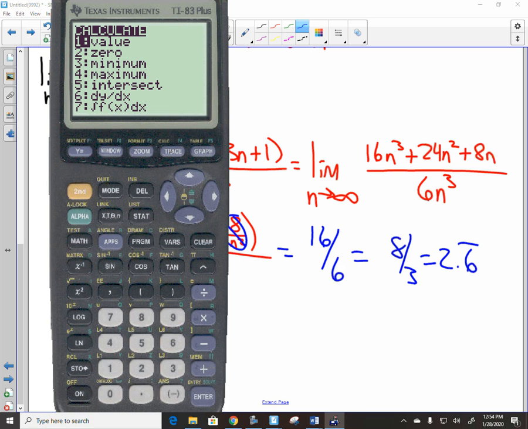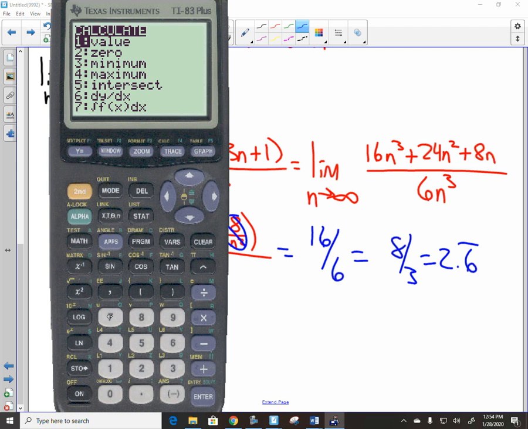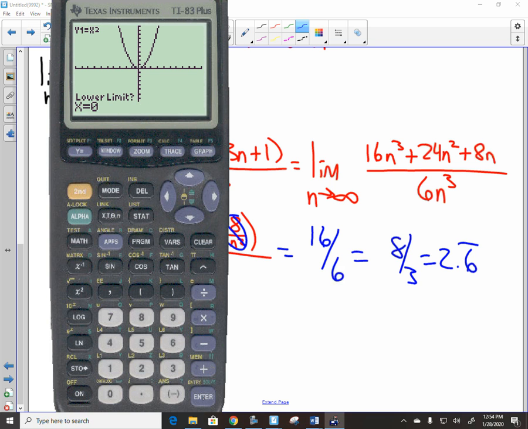Does 7 look like something we just did? Yeah, we select 7. We go from 0, enter, to 2. And look what your calculator does. It draws the rectangles, 2.6 repeating. Second, calculate. Number 7, 0, 2.